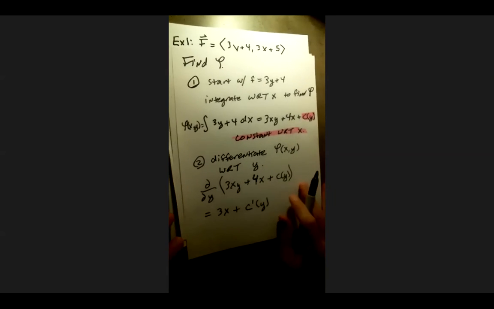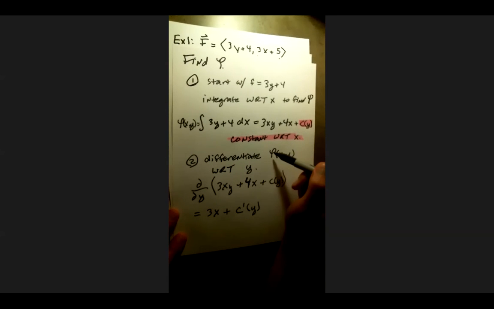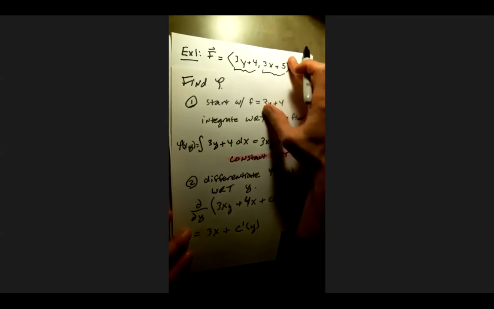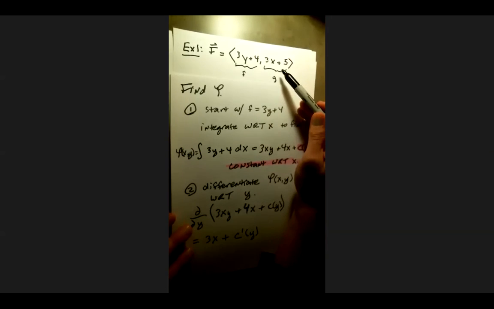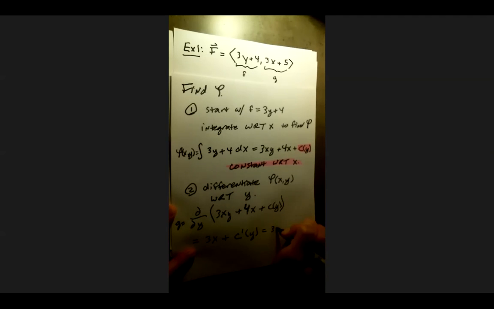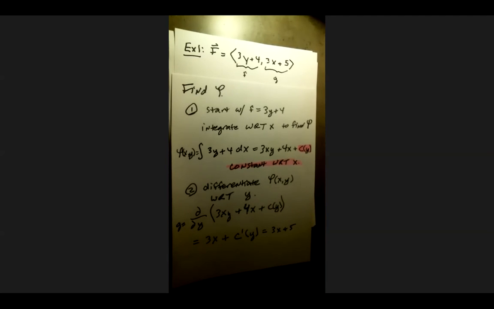And remember, this is our potential function, so the partial derivative of phi will be the y component of the original field. So all this stuff is equal to g. So this is equal to 3x plus 5. Let me make sure you can see what's going on. So here's our g.